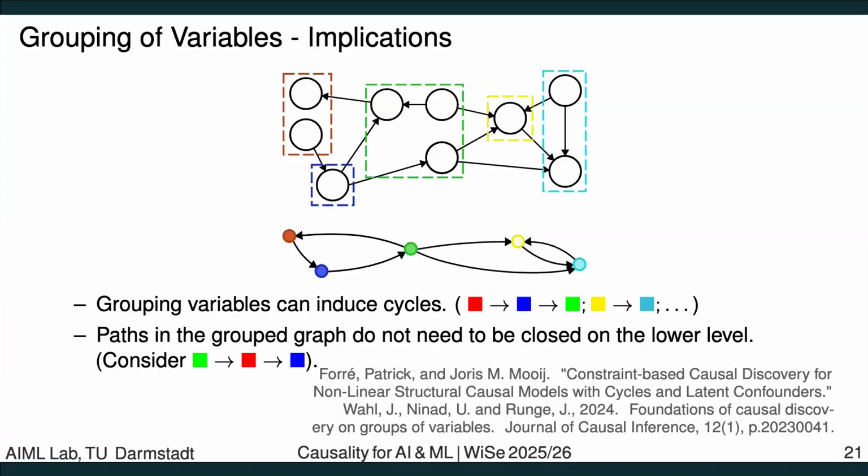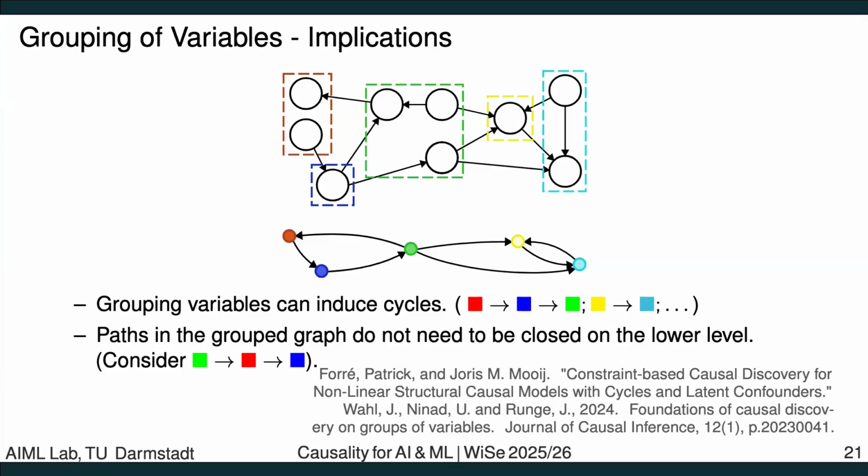We need to be careful, or again reject, like we did in the last lecture, all the causal graphs that could form a cycle or are not acyclic in the lower model. And another thing is that we can get paths in the high-level model which seem to be closed or seem to have an effect, but which are open or non-existent in the low-level model.